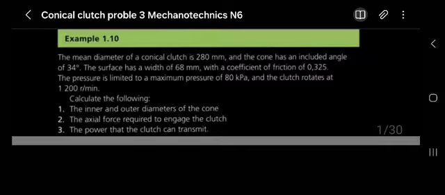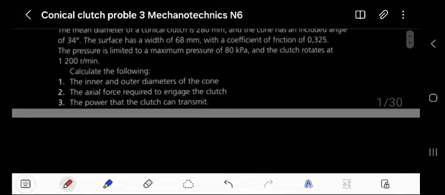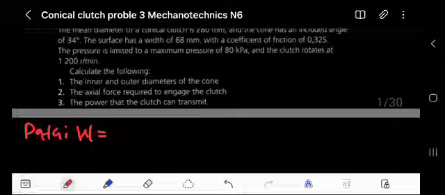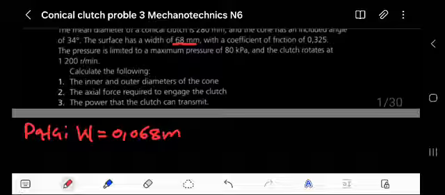So let us collect the data here, guys. What do we have there? We're given the width, 68, which is the same as 0.068 meter when you divide by 1000.